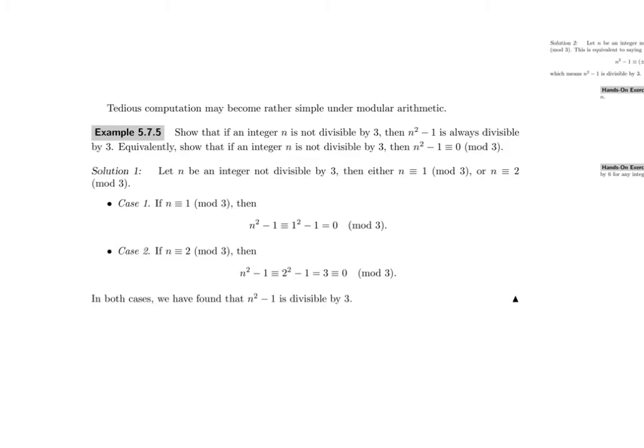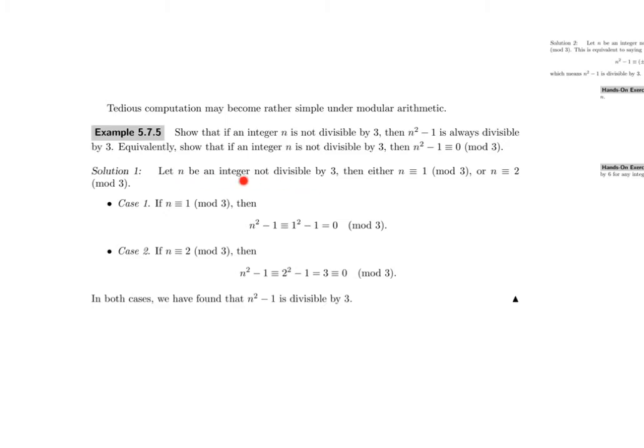So notice that n squared minus 1 divisible by 3 is the same as saying n squared minus 1 is congruent to 0 mod 3. Okay, so we're going to try to prove this using the language of modular arithmetic. First way of trying to prove this, n is an integer not divisible by 3.